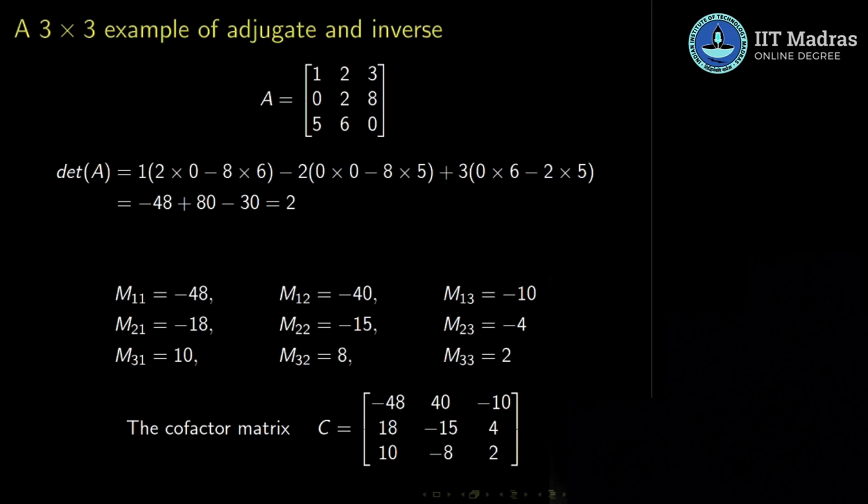Again, this is something you have to compute by yourself, but I hope the ideas are clear that to compute the adjugate you have to compute the minors first. To compute the minors Mij, you hide the ith row and the jth column and compute the resulting determinant, and then multiply that by minus 1 to the power i plus j and put that into a matrix that will give you the cofactor matrix.